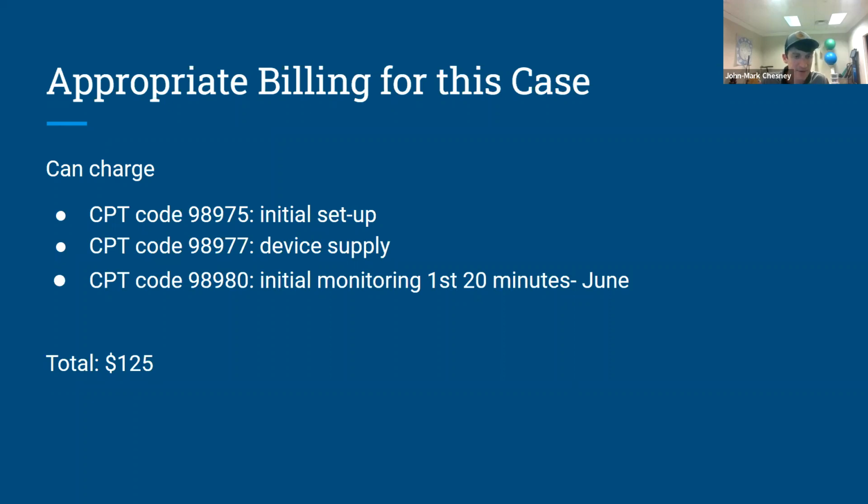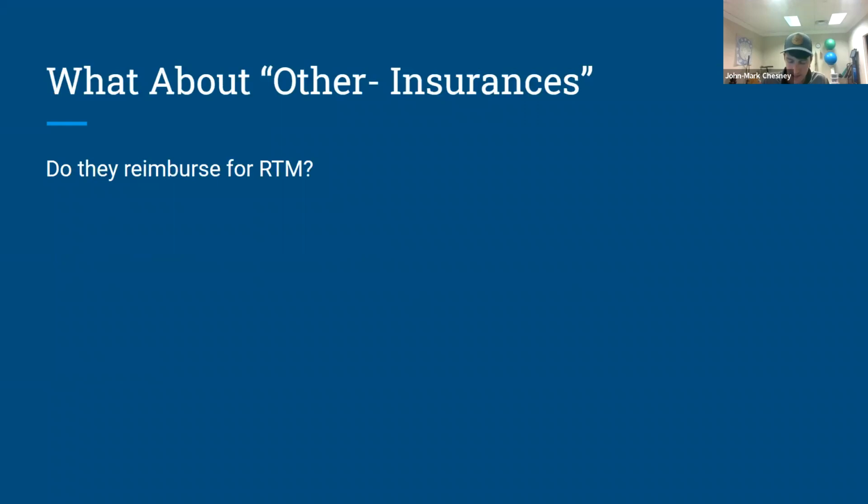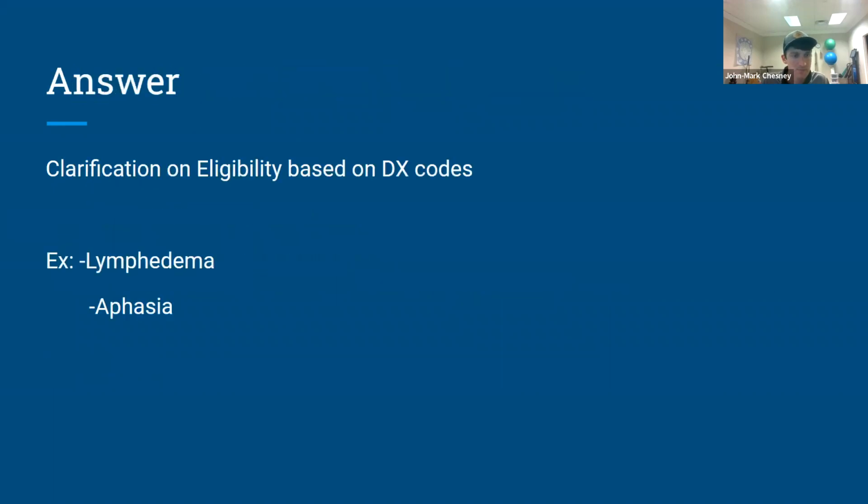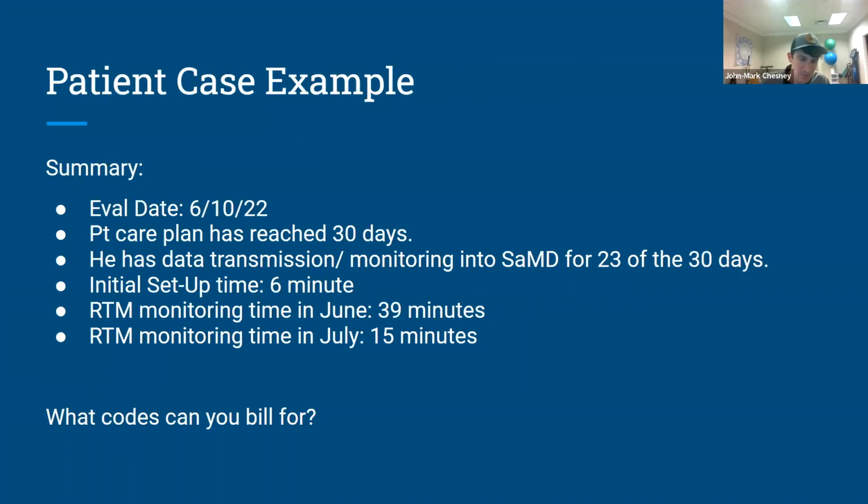If I go back, I'll explain the codes. In July, we did not meet the time-based codes because we only have 15 minutes. If we go up to June, we can see that we were 1 minute shy of being able to bill for 98981, which would be that second set of 20 minutes.